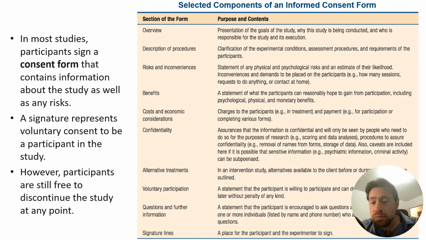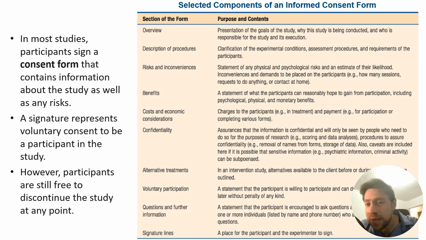Okay, so in most studies, people will be asked to sign what is called a consent form, and the consent form provides all the information that a participant should need about the study. So here are some of the sections that you will find in a consent form, and we'll mention some of them. So the overview is, of course, an overview of the study, sort of a big picture.